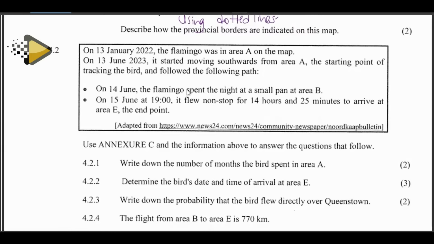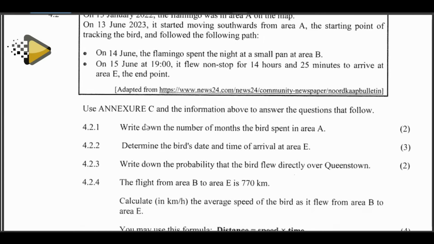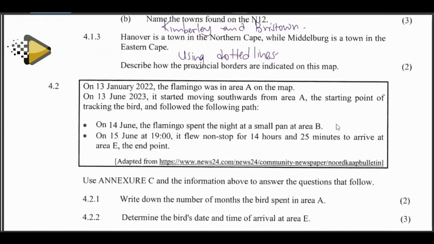On the 14th June, the flamingo spent the night at a small pan at the area B. And on the 15th at 19 hours, it flew non-stop 14 hours and 25 minutes to arrive at area E, the end point. Now they're asking us, write down the number of months the bird spent in area A.